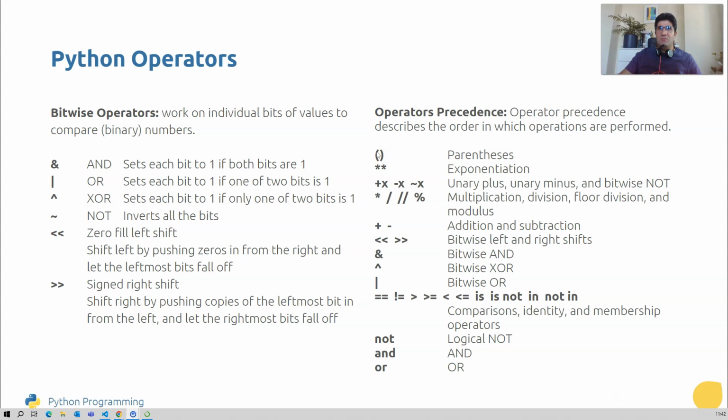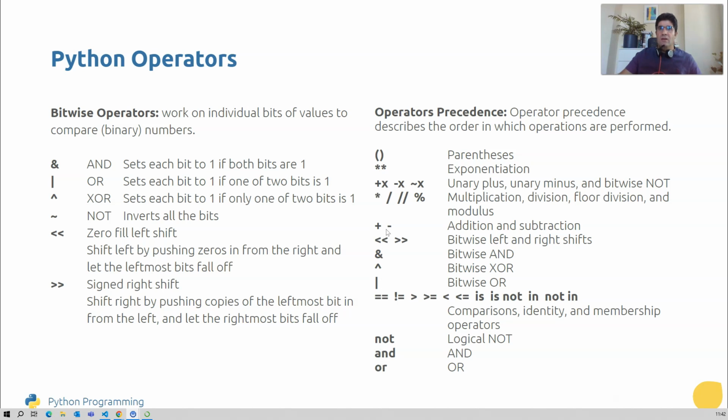Any expression between parentheses will be run first. Then, for example, exponentiation expressions. Unary plus, unary minus, or bitwise not will be in the third level of priority, and so on.